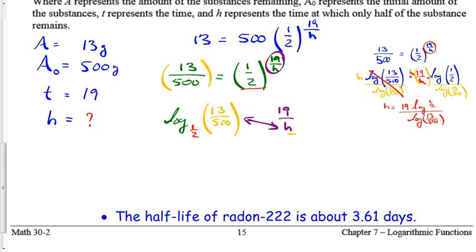If we do that, we'll get h equals 19 divided by the log base 1/2 of 13 over 500. And then that we could just plug into the calculator. Okay? All right, let's go on to the next page, which will be the next video.